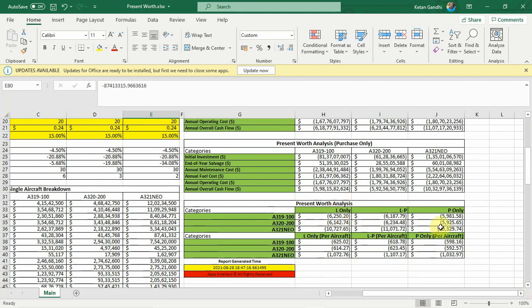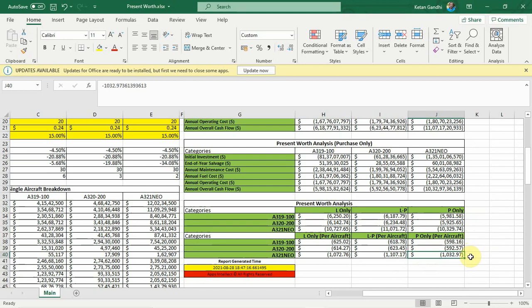Let's have a look at the purchase only. These are the figures for 10 aircraft, 10 aircraft for each fleet type. Now for better understanding, we'll look at the present worth of the purchase only sub scenario per aircraft, for one aircraft.